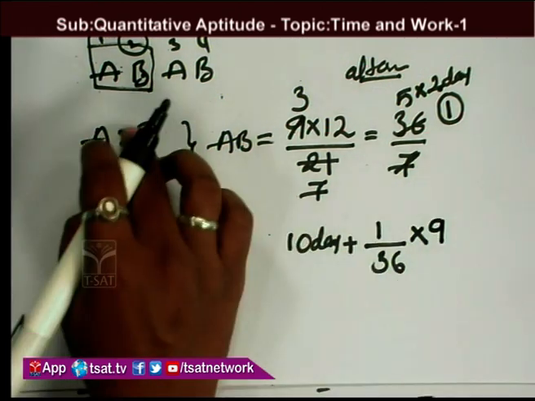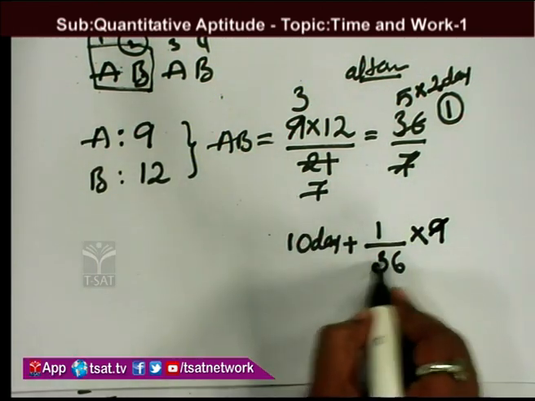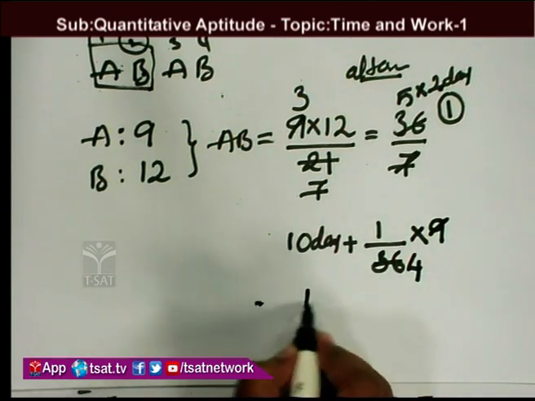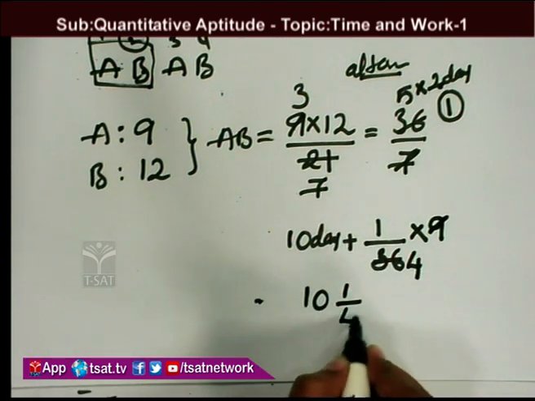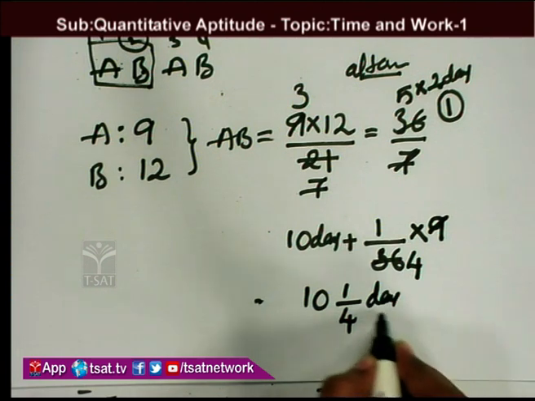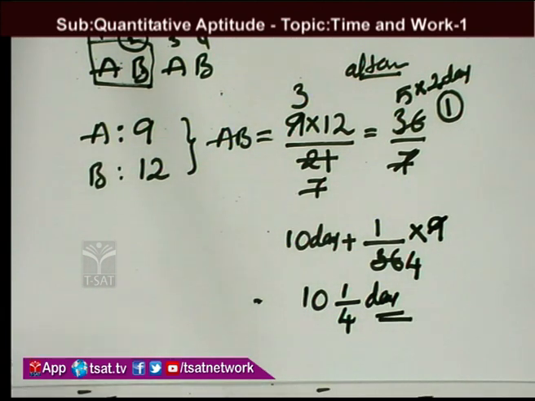A's value is 9, that is 9 by 4 of 36, so the value is 10 1 by 4 days. That is the answer to the question.